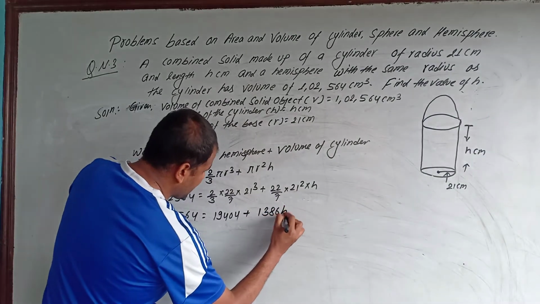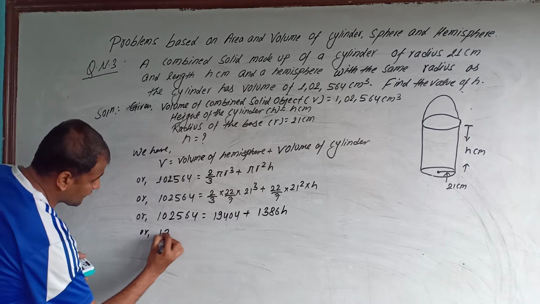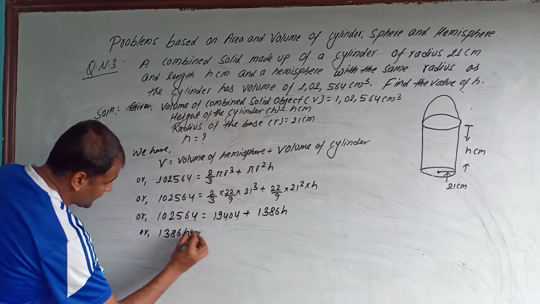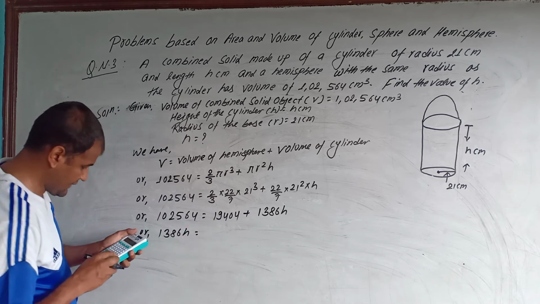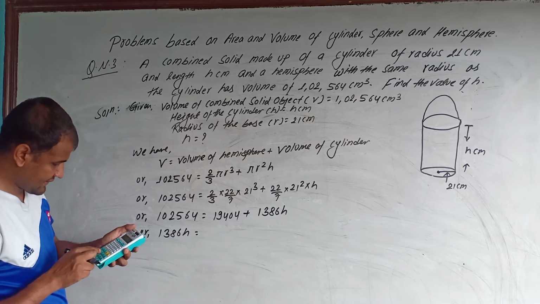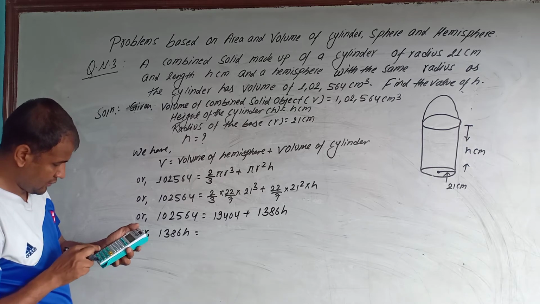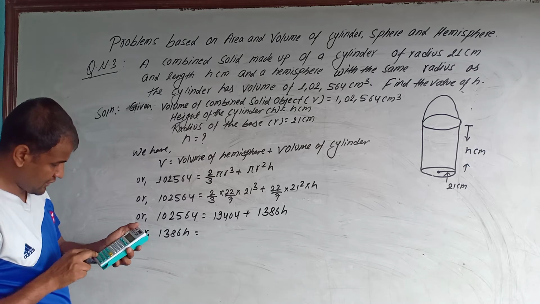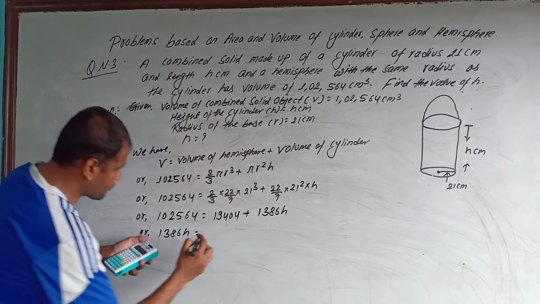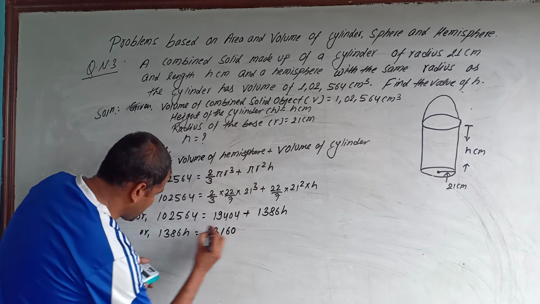1386 into just this much. So 1386 h is equal to this minus this, that is equal to 102564 minus 19404. That is equal to 83160.